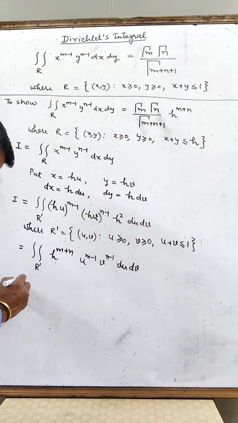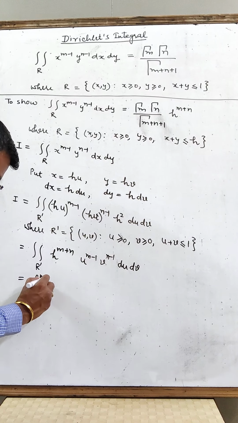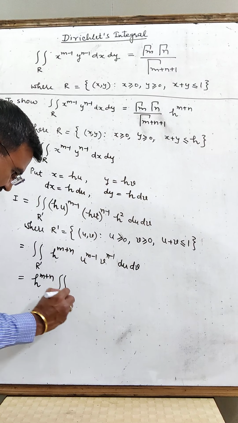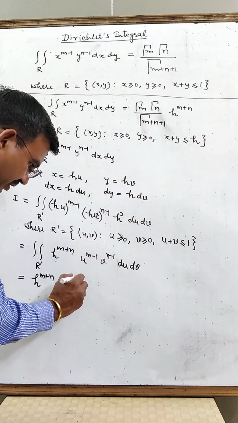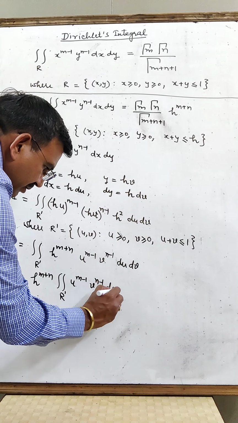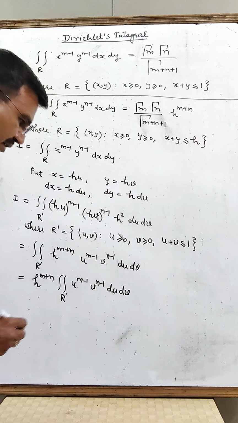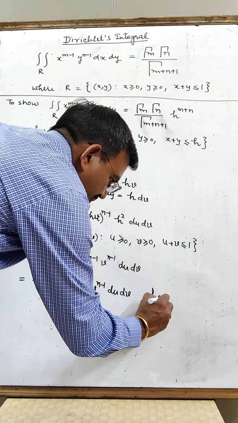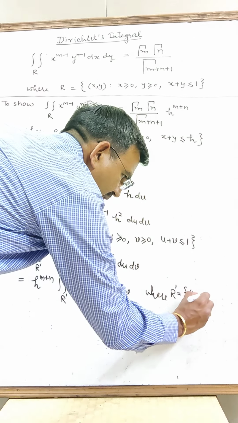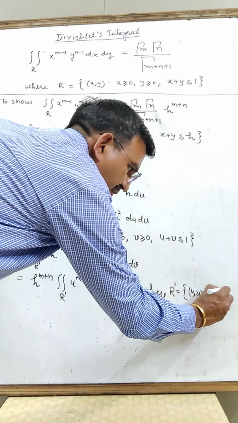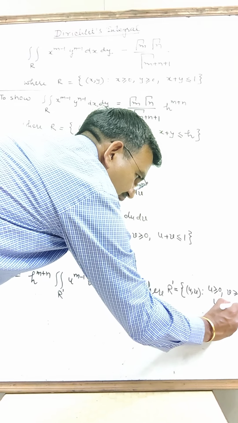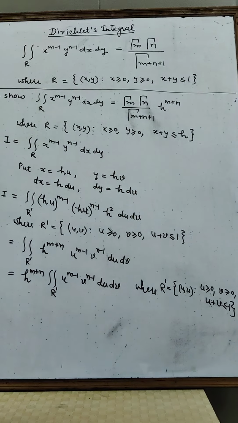So it would be equal to h raised to the power m plus n times the double integral over the region R dash of u raised to the power m minus 1, v raised to the power n minus 1 du dv, where R dash is the region bounded by u greater than or equal to 0, v greater than or equal to 0, and u plus v less than or equal to 1.